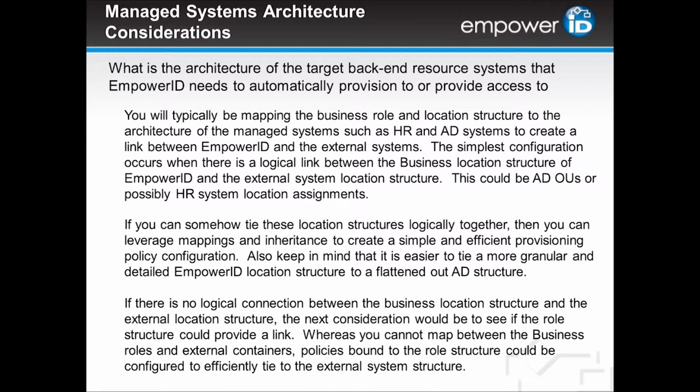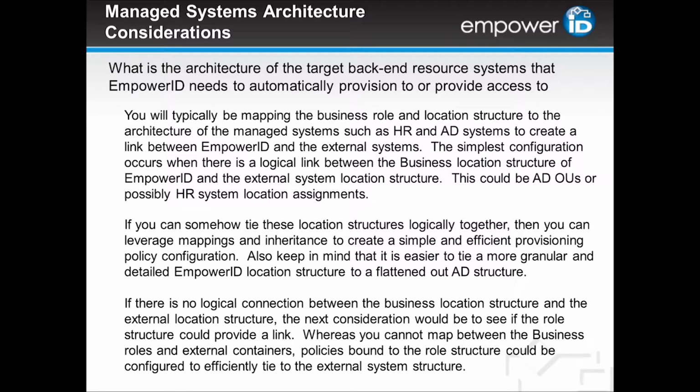Now, if there's no logical connection between the business location structure and the external location structure, then the next consideration would be to see if the role structure could provide that linkage. Whereas you can't map between the business roles and the external containers, policies bound to the role structure can be configured to efficiently tie to the external system structure. What I find is many customers will have an Active Directory OU structure that is based on the role.